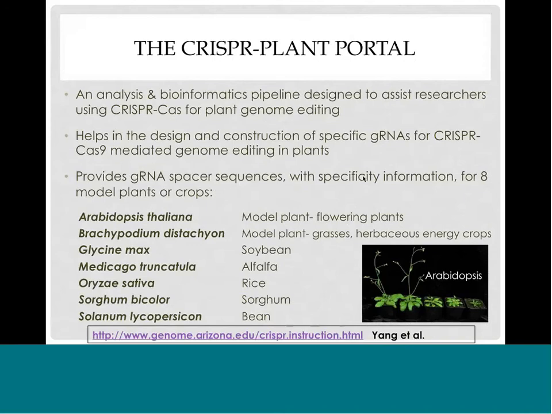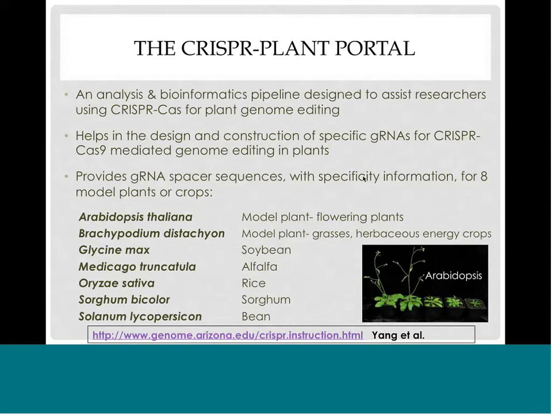But one tool that I wanted to mention that Yang's group put together was called the CRISPR Plant Portal. This is an analysis and bioinformatics pipeline to assist researchers in using CRISPR-Cas for genome editing in plants. And what it does is to help the user design and construct the specific gRNAs for genome editing.